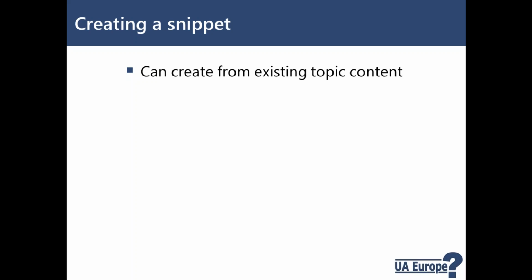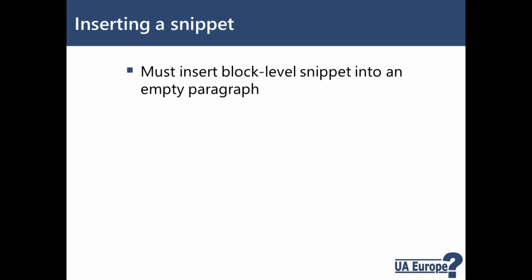I'm not very good at planning ahead. I mean, in theory, we could plan all our snippets and create all our snippets and then insert them into topics. Well, I tend to do it the other way around. So I'm going to show you how we can create snippets from topic content. I'm sure a lot of you have already done this. And then I'm going to show you how to insert a snippet into another topic. Again, fairly simple, but it's important, so I will show you how to do it.